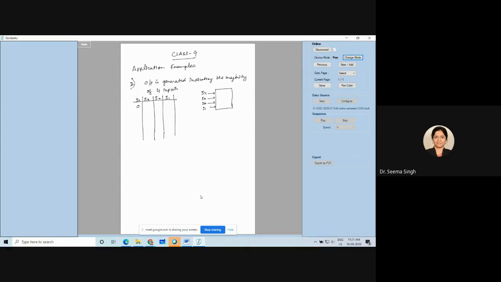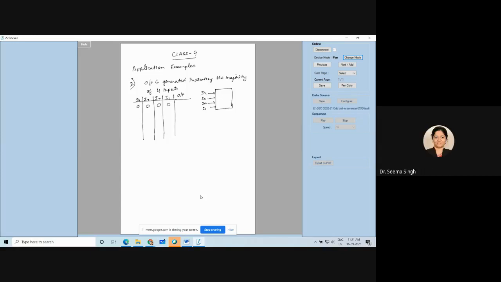If you have 4 inputs, the possibilities will be 16, there is no doubt in that. I am asking about the number of outputs. How many outputs will there be if the output needs to be generated indicating the majority of 4 inputs?